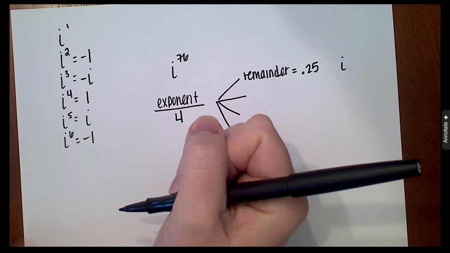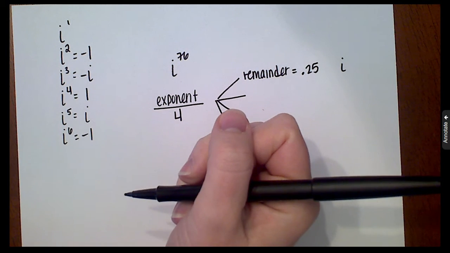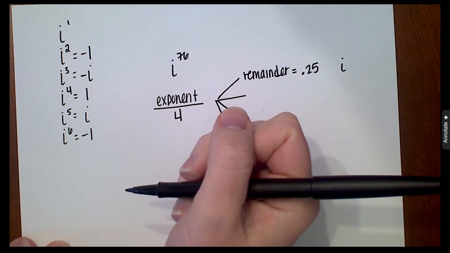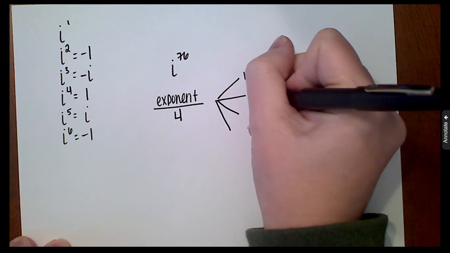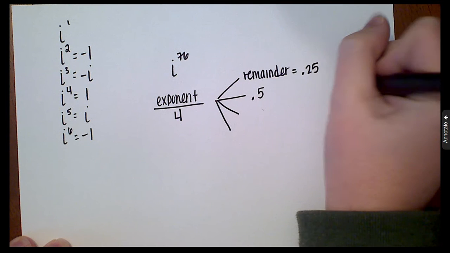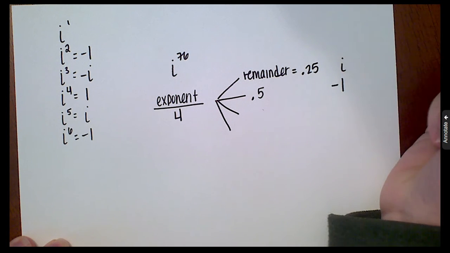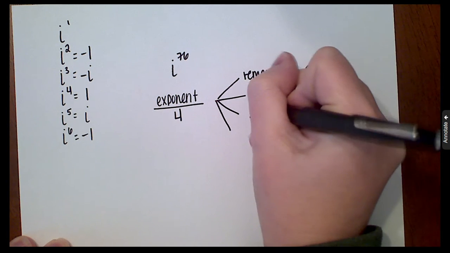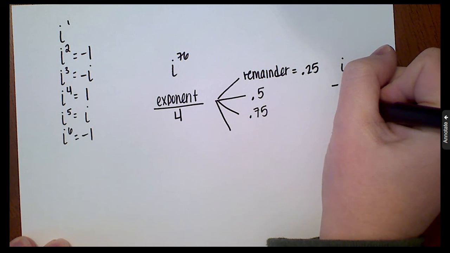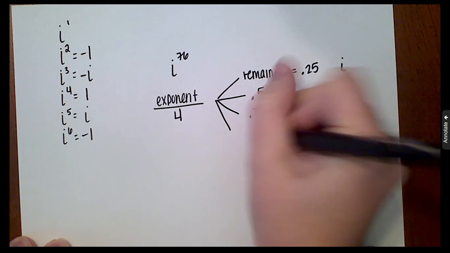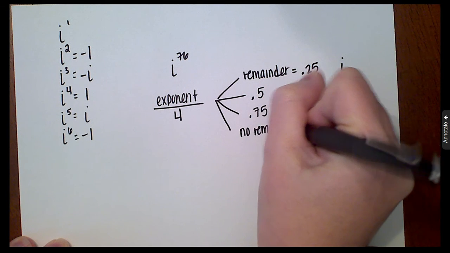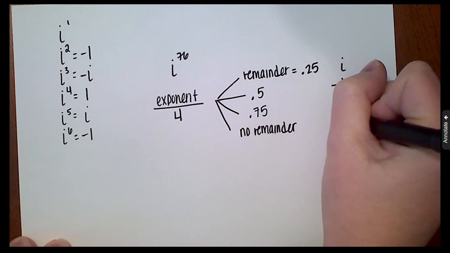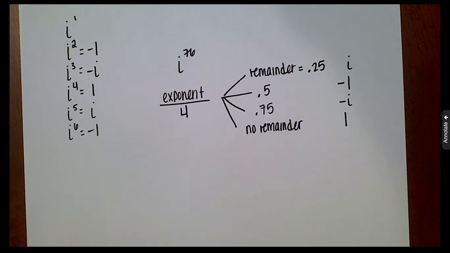So basically anything with a 0.25 decimal is i. If you have a decimal of 0.5, that would be -1. Of 0.75, that would be -i. And if you have no decimal, then that's just 1. And that makes sense because it's something divided evenly at 1.